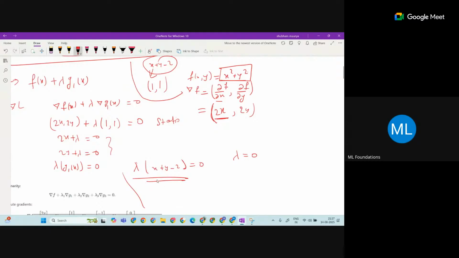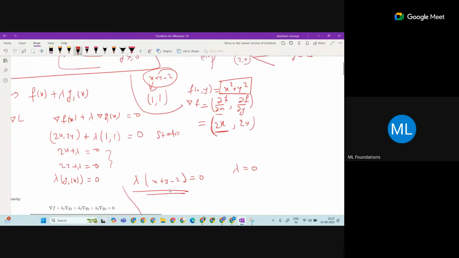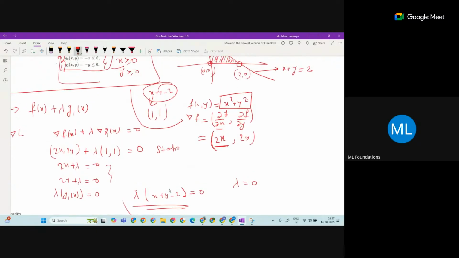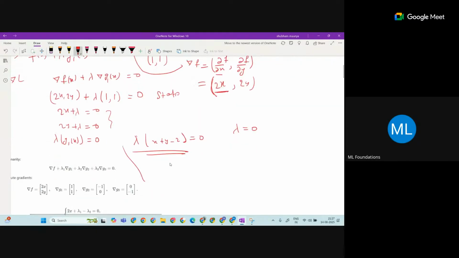The third one is the primal feasibility, which says g1(x) is less than or equal to 0, and the dual feasibility says lambda is greater than or equal to 0.